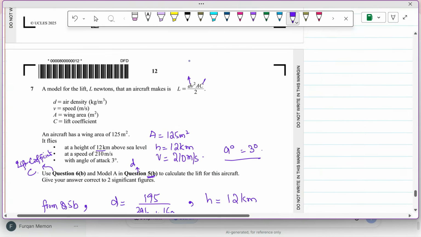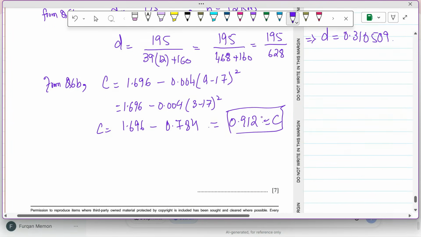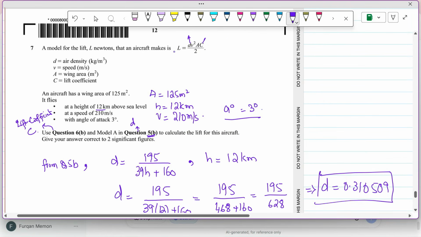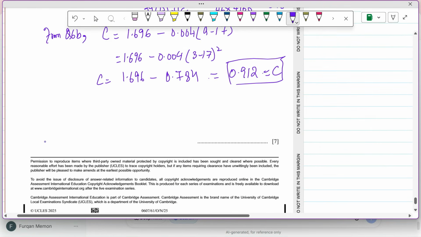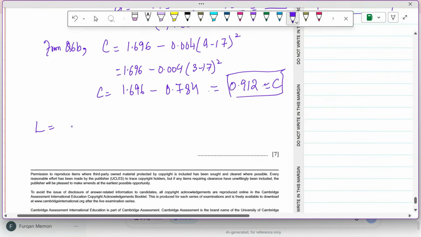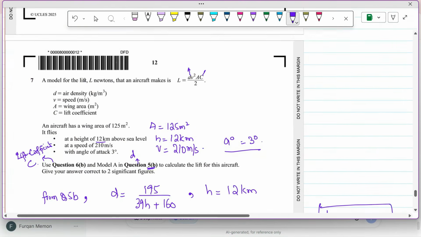Now we need to find the lift. We have the value of C now, and we have the value of air density. We need to find the lift, which equals d times v square A C over 2.